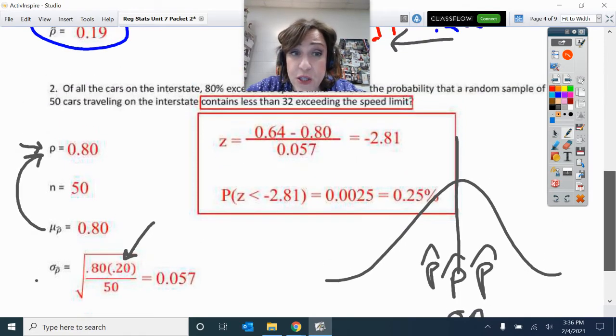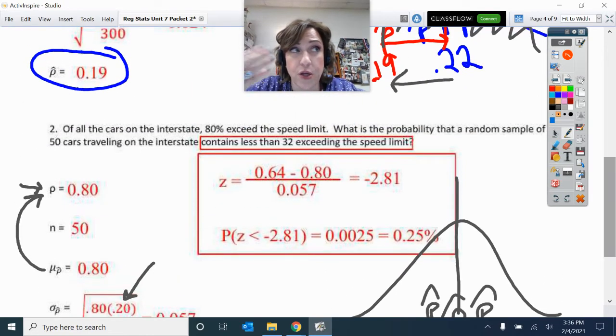Okay, but here's where you need to kind of use your brain about things and know number values. Here it says, what's the probability that a random sample of 50, so here's my sample results, I'm going to be getting my p hat from this information, of cars traveling on the interstate contain less than 32 who are exceeding the speed limit.